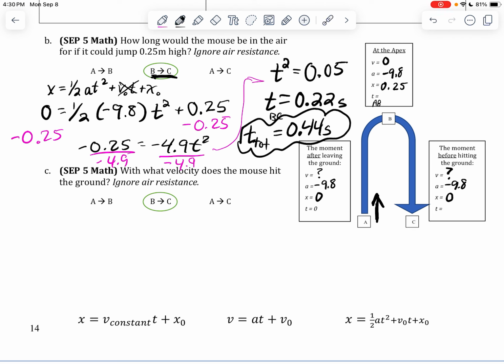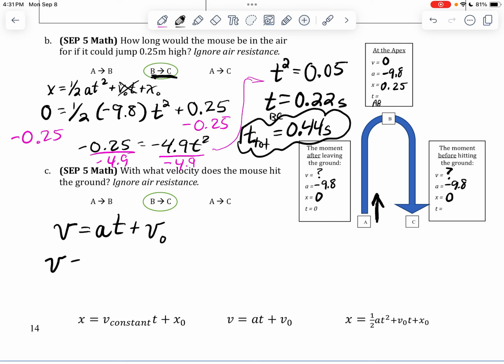Well, I want the velocity at C, and C is my ending point. So that would be my final velocity. So the only equation I can use is going to be this one here. The first one I can't use because it's only for constant velocity, and this velocity is changing. And the last one I can't use because it doesn't have final velocity in it.